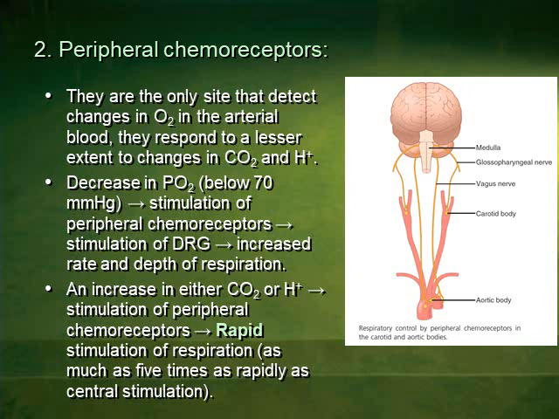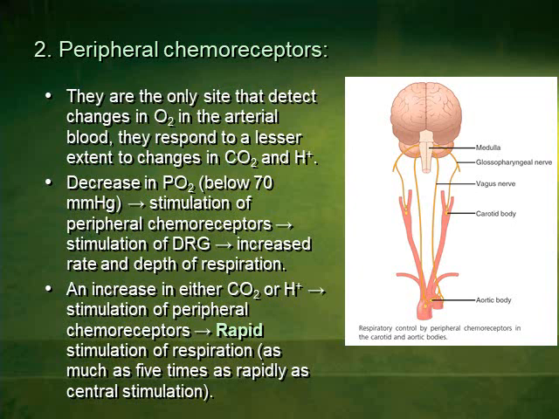What about the carbon dioxide and the hydrogen ion in the peripheral blood? The answer is an increase in either carbon dioxide or hydrogen ion concentration. Both will stimulate the peripheral chemoreceptors, and this will end in rapid stimulation of the respiratory center.